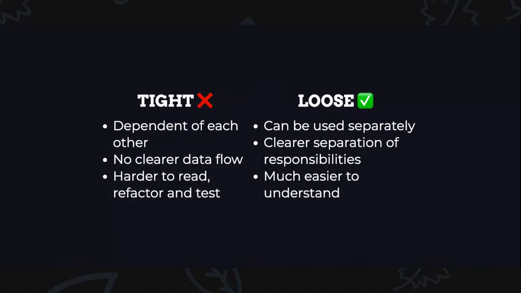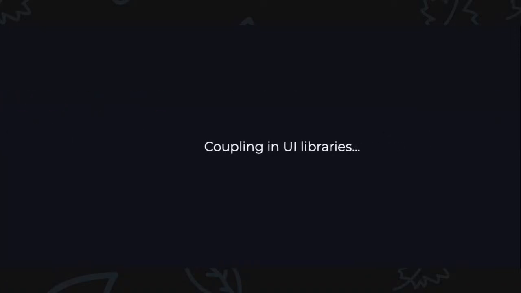We can say that if two modules are tightly coupled, they are highly dependent on each other, being very hard to reuse, and there is not a clear path of where the data flows through the code. And yet, if they are loosely coupled to each other, there is a clear separation of where the data flows, and it's much easier to understand and refactor them.